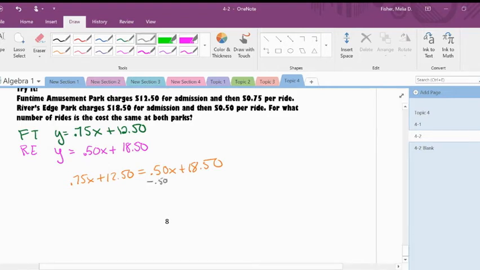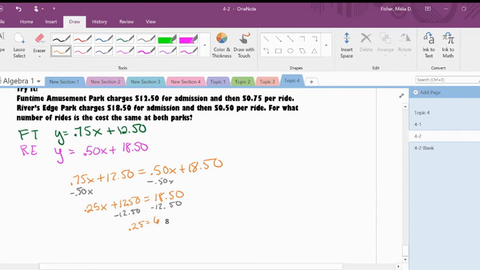Subtract 0.50x from both sides of the equation. That leaves me with 0.25x plus 12.50 equals 18.50, and we will go ahead and subtract 12.50 from both sides of the equation, and I get 0.25x equals 6.